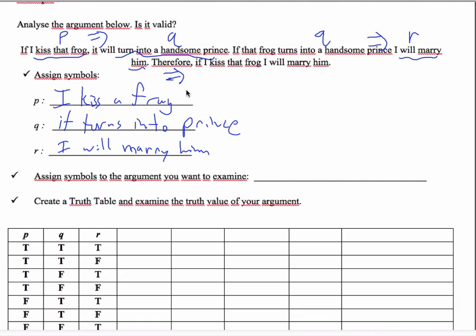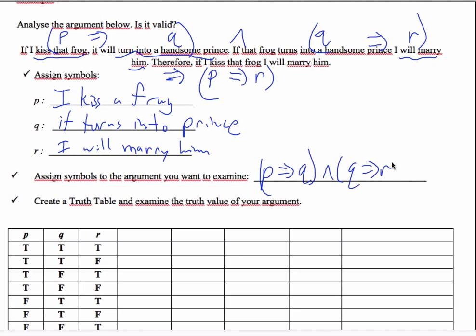If I kiss the frog is P, I will marry him is R. So we're going to have this giant statement right here. We're going to have P implies Q, and Q implies R, implies P implies R.